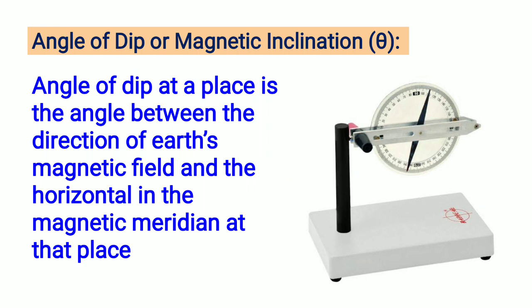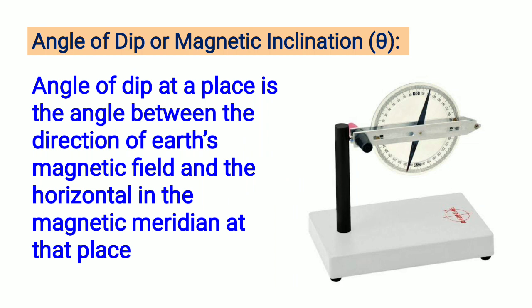If I am moving to the south geographic pole, the magnetic north pole of the earth is present there. So the south pole of the magnet I hold will come down because of the attractive force of the north magnetic pole of the earth.